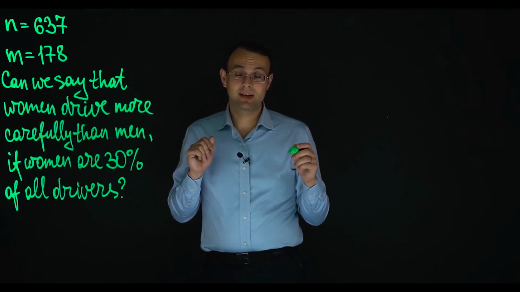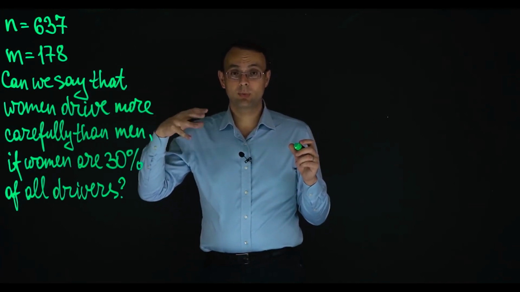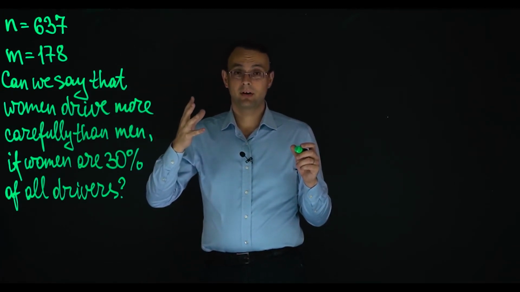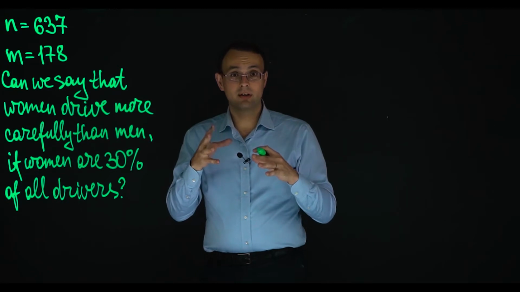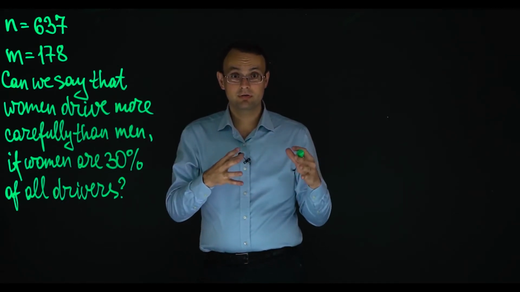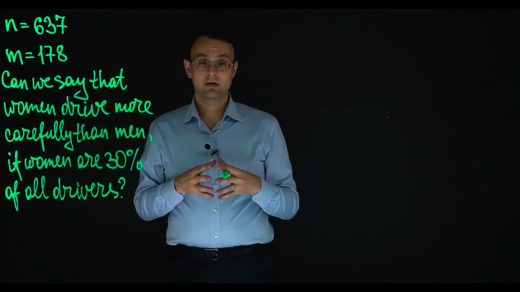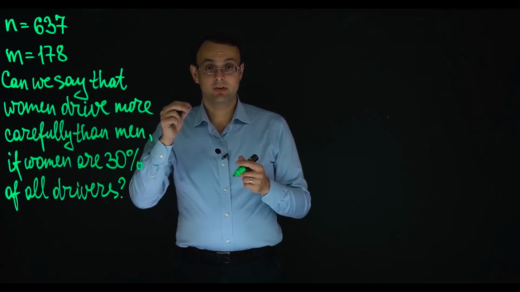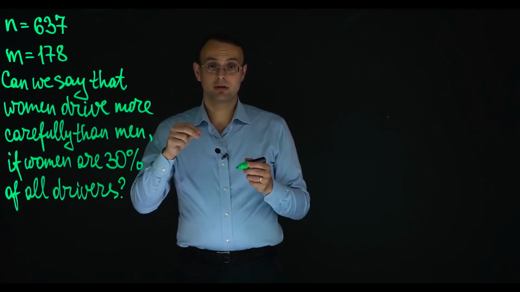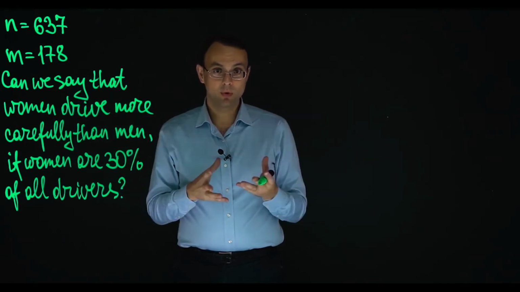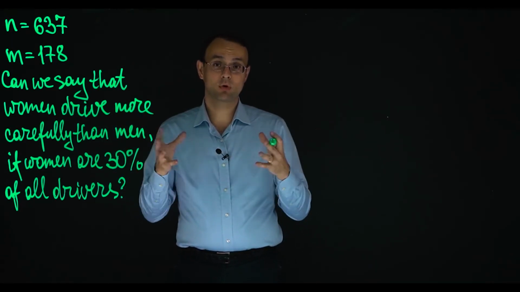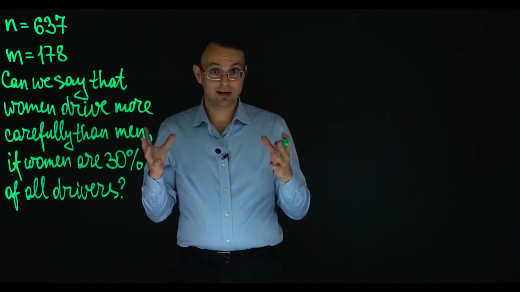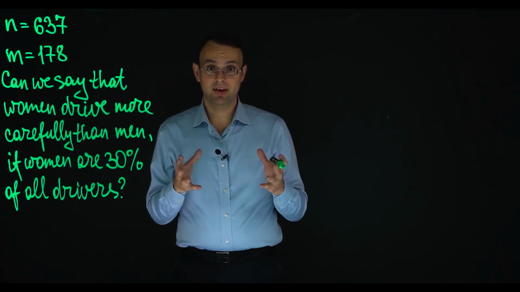So we can say that our trial is when we look at the gender of the driver who caused the accident, and the probability that this driver is a woman and the share of women among all the drivers that cause traffic accidents are actually the same things.